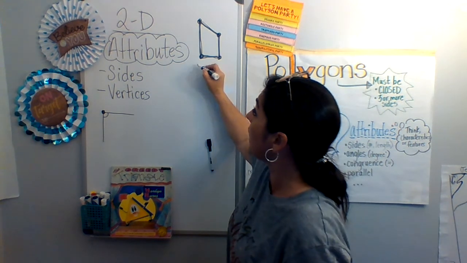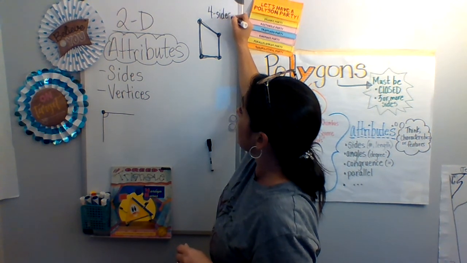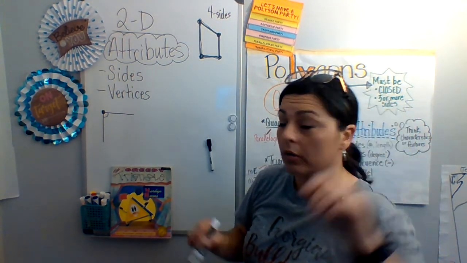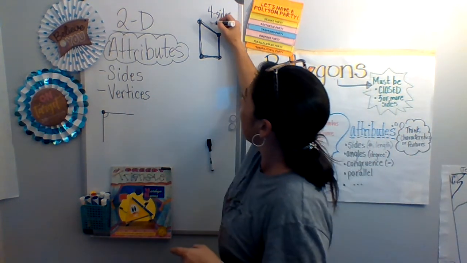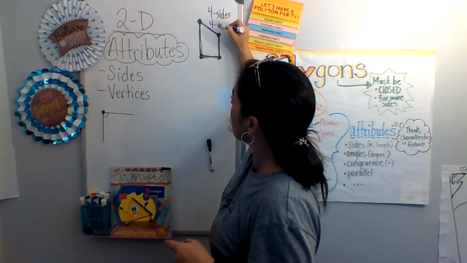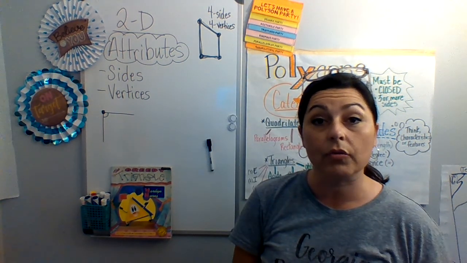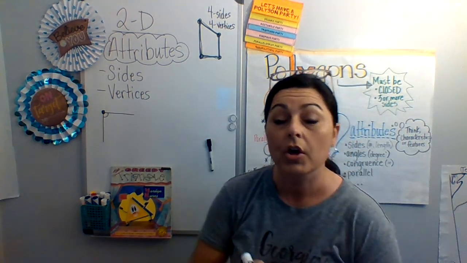If you said 4 sides, you are correct. 1, 2, 3, 4. And if you say 4 vertices, if you're already going there for me, yes, you are correct. Now, that's where the angles are formed, at the vertices. Sorry, it's kind of jammed in. There's the word vertice right there.